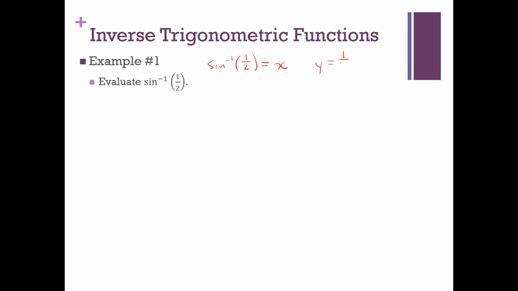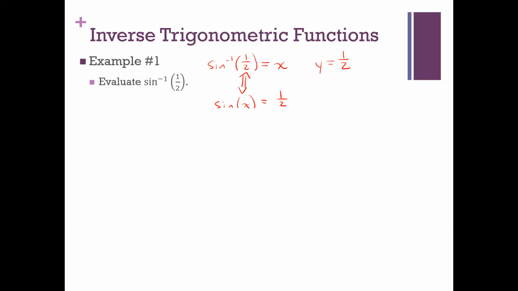But could I express this information, inverse sine of 1/2 equals x, using some other function? Thinking about the way inverse functions work, what's the other way to state this? I'm trying hard to ask that question without just giving it away. Yeah, sine of x equals 1/2. Because that's what inverse functions do.